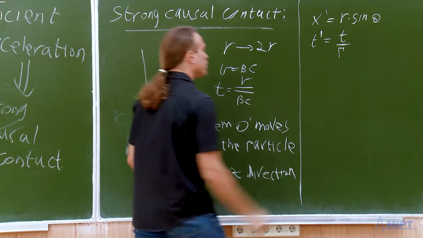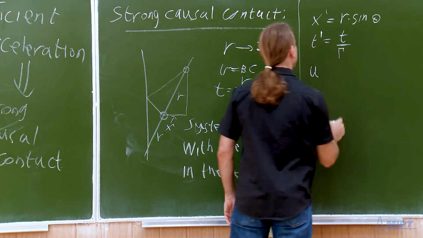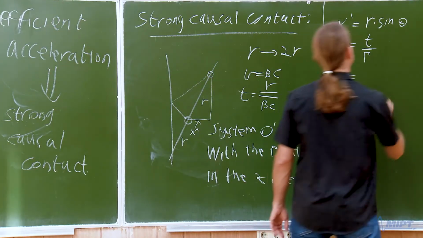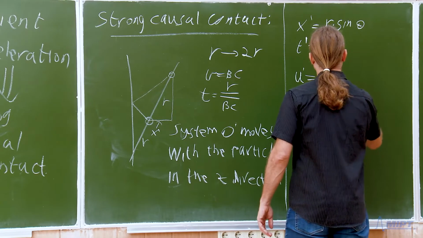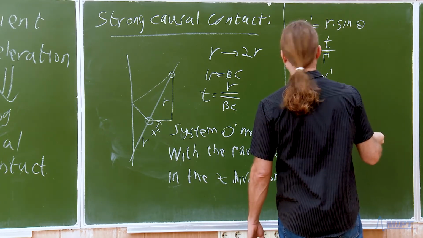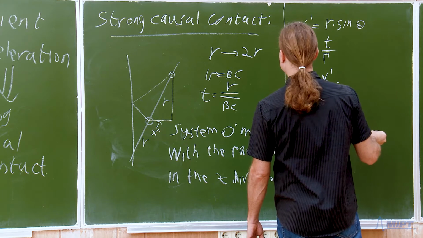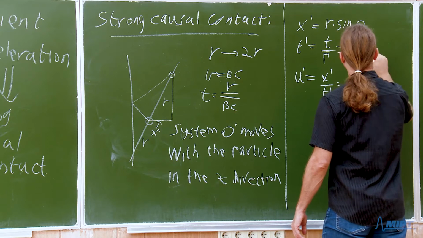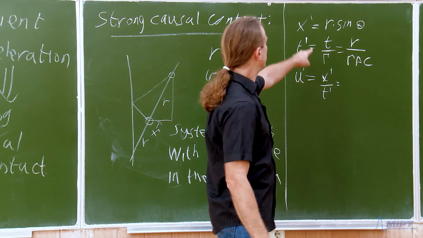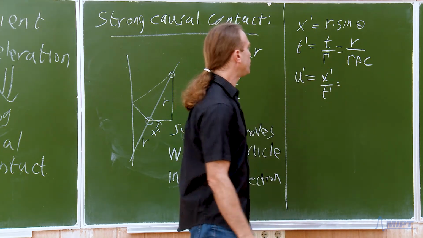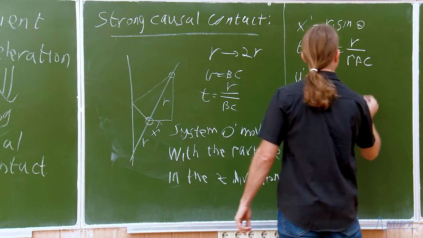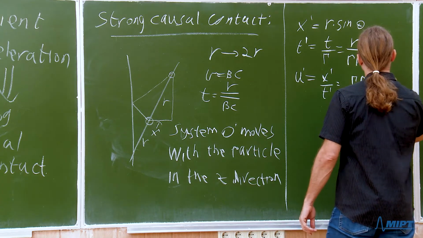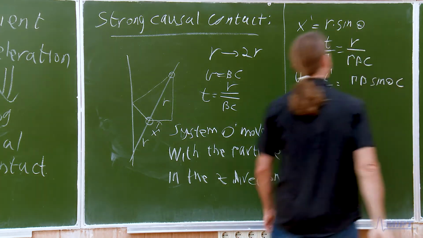So the velocity that the particle is moving in the rest frame is just x tag divided by t tag, which is r sine theta divided by r over gamma beta c, and what I get is gamma beta sine theta c.